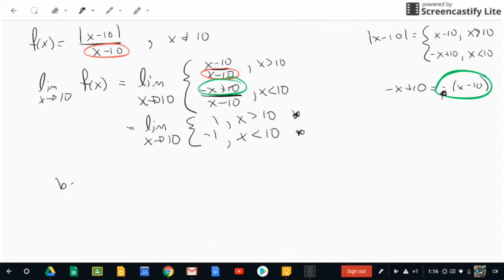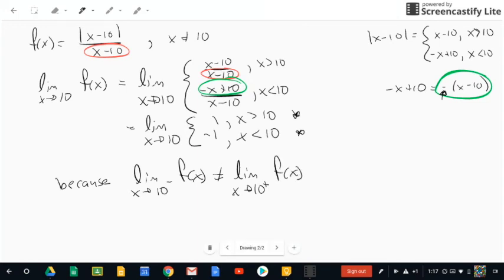So because the limit as x approaches 10 from the left of f of x does not equal the limit as x approaches 10 from the right of f of x, we know that the limit as x approaches 10 of f of x does not exist. There is a discontinuity at that point in the graph. And we knew that because it was undefined from the beginning, but we see that now a lot more clearly.